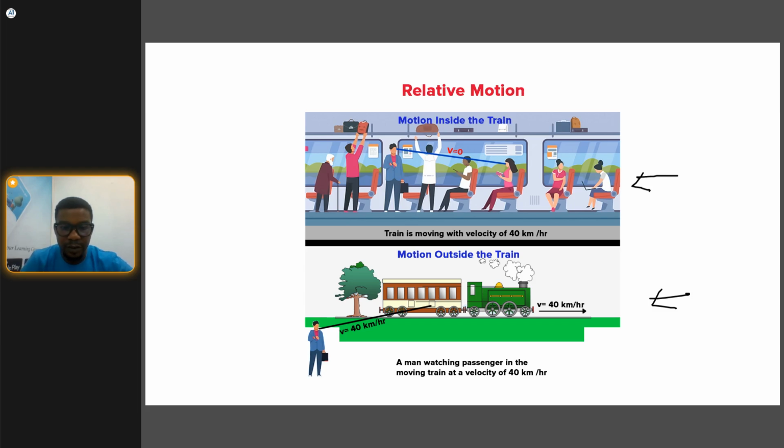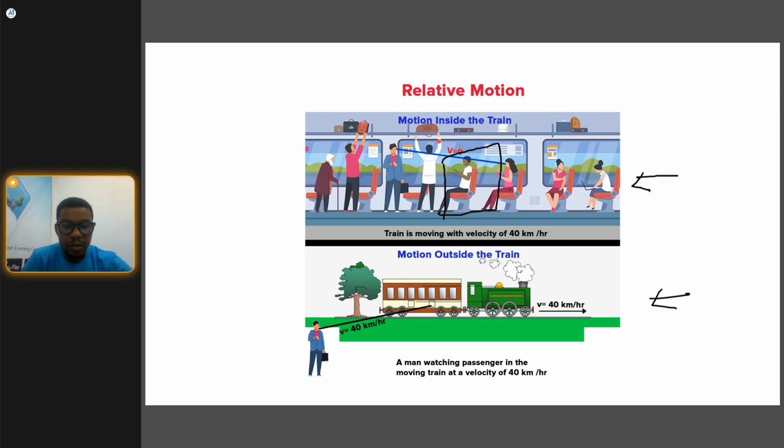Now, in the first section, we have inside the train a boy sitting down. That means the boy is static. That means the boy is not taking any motion, right? He's static in a position. And the velocity of the boy was given to be what?